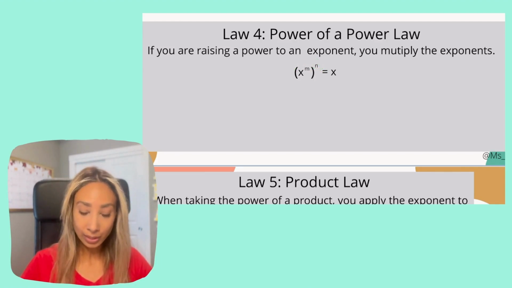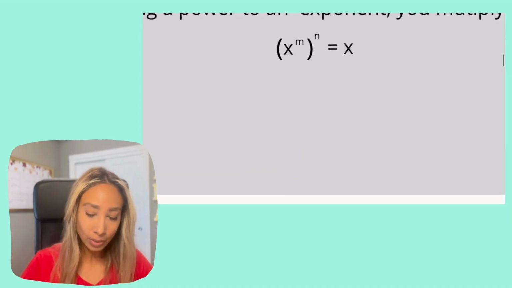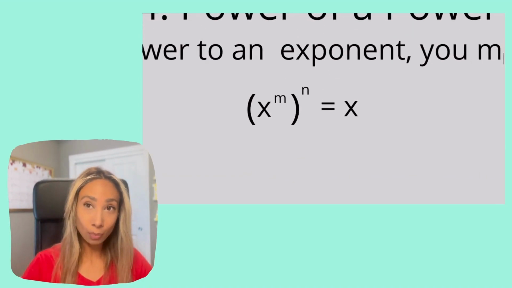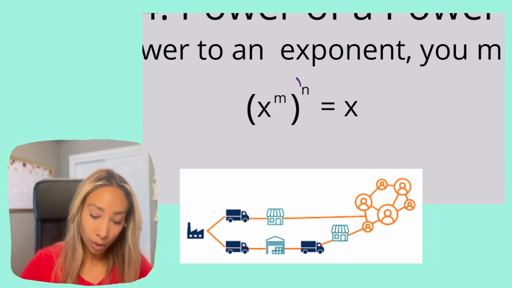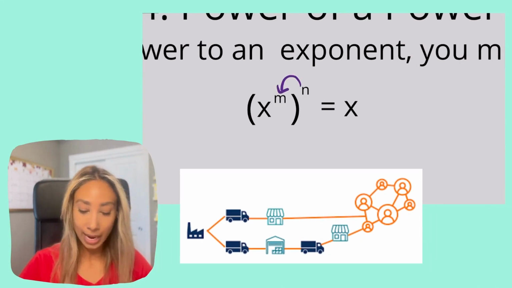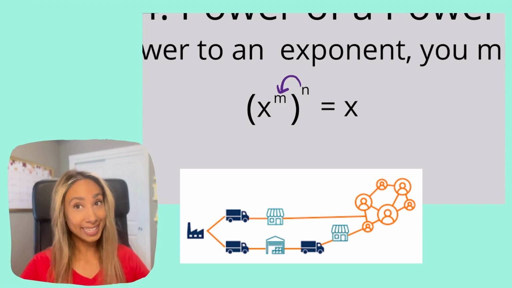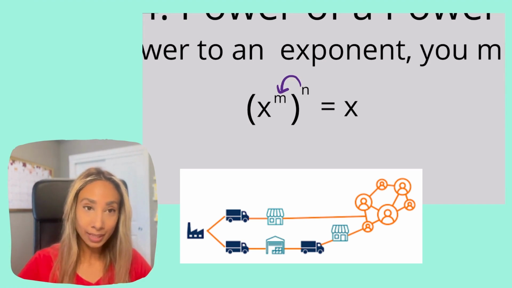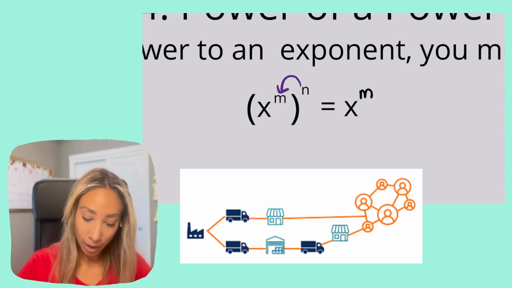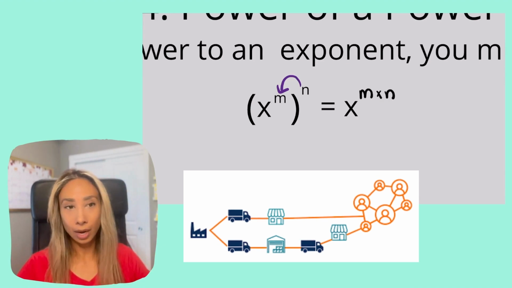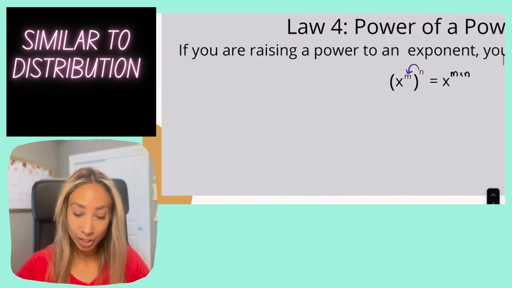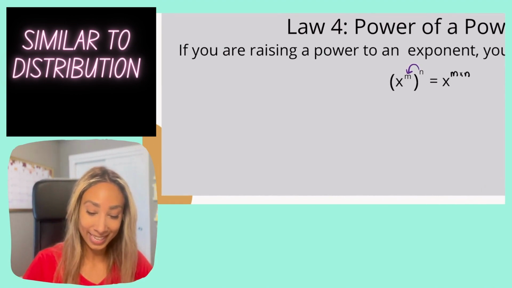What that looks like for the calculation is it goes back to the distribution you may have learned in grade 8, where we multiply what's outside the bracket to what's inside the bracket. So that's going to leave us with x to the power of m times n, or n times m, it's not going to matter. Let me show you what that looks like with an example.